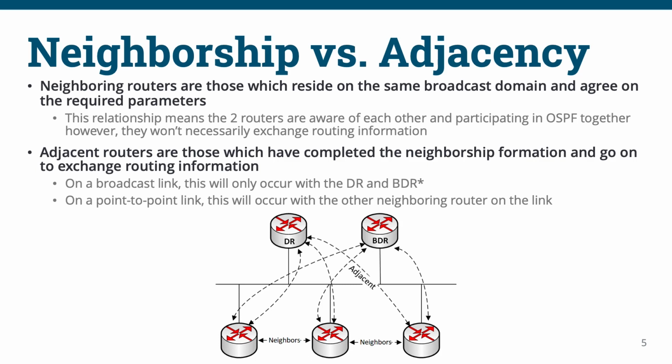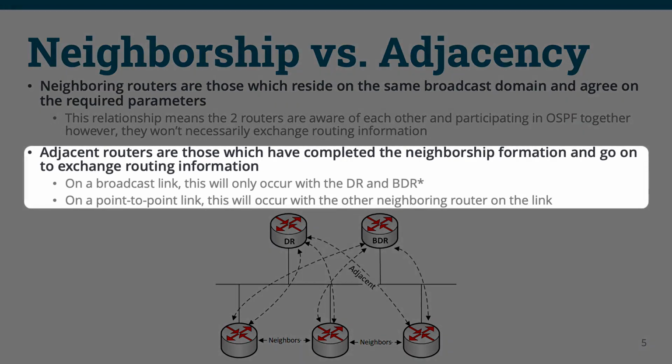A neighboring router, when talking about OSPF, will not exchange routing information, though. These routers see the hello packets and agree on the four parameters, though they will stop at the two-way neighbor state. An adjacent router, however, has proceeded with the database synchronization process and is in a full neighbor state.